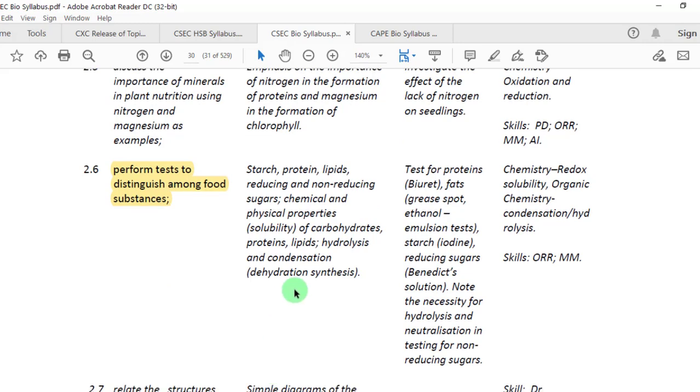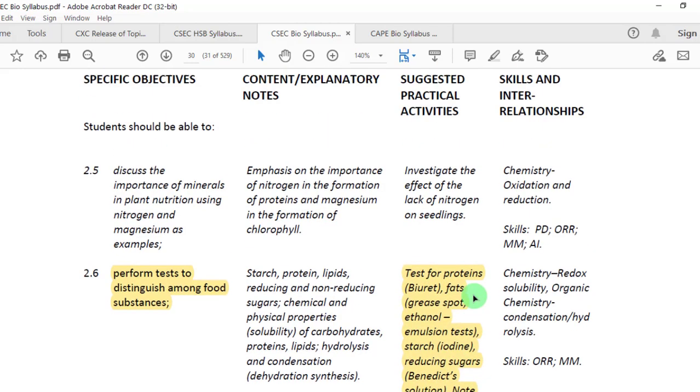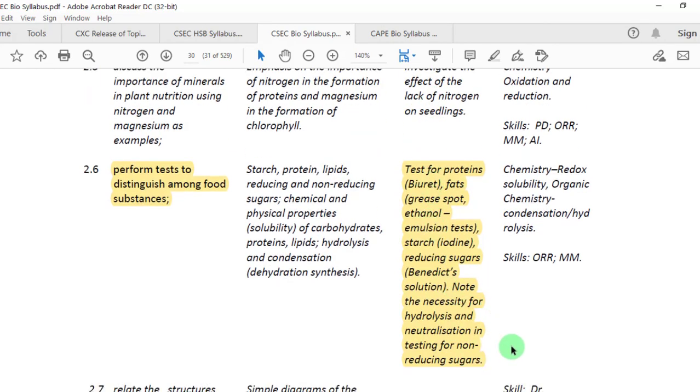So for paper 3, this column, which is called suggested practical activities, becomes very important to private candidates getting ready for paper 3, because these are suggested practical activities that would have been done in a lab or for SPAs. So this is what you would be studying. You have to know about the various food tests. So that's the first topic.